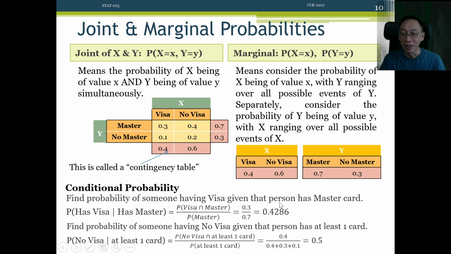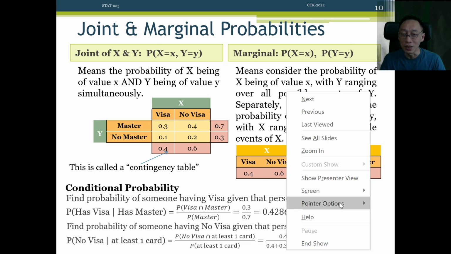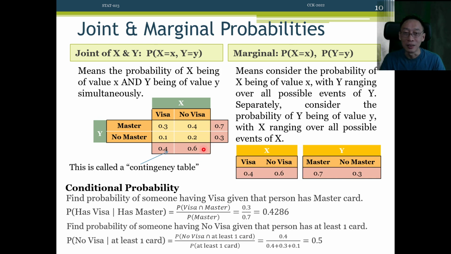So the joint table does not technically include these, although we may write them by the side. And these are called marginal probabilities because they are written at the margin. We would call them side, right? We might even call them fringe probabilities, near to the side of the fringe of the table.